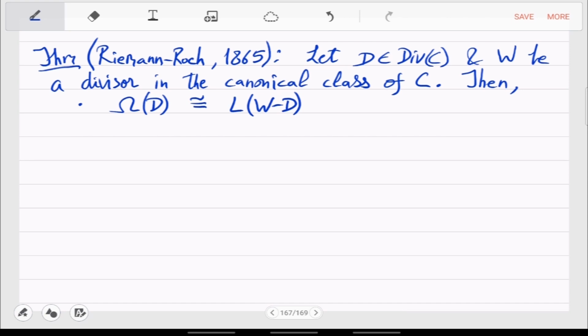We wanted to understand delta D by some dual of the divisor D, kind of L minus D. So L of D minus deg D plus g minus 1 is equal to L of W minus D.